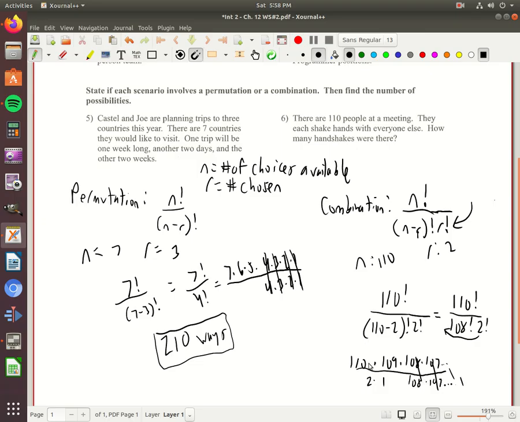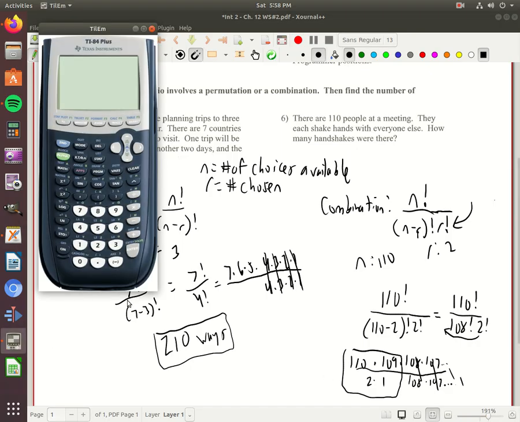So long story short, this is the only part of this equation that matters. And I hope you guys are following how they all cancel out and make it a little bit easier. But I just need to multiply 110 by 109 on top, and then divide that by 2, because 2 times 1 is 2.